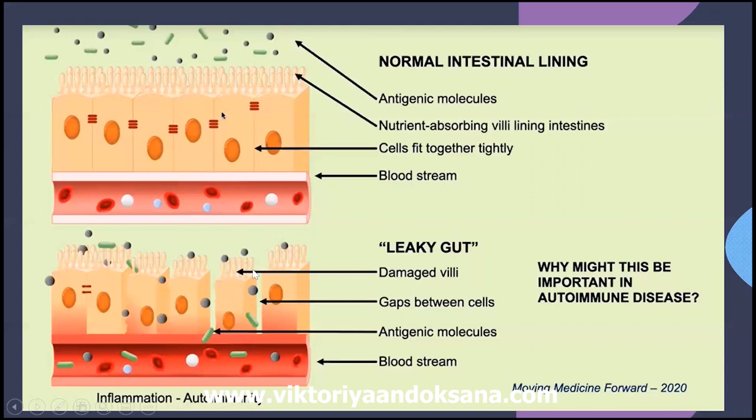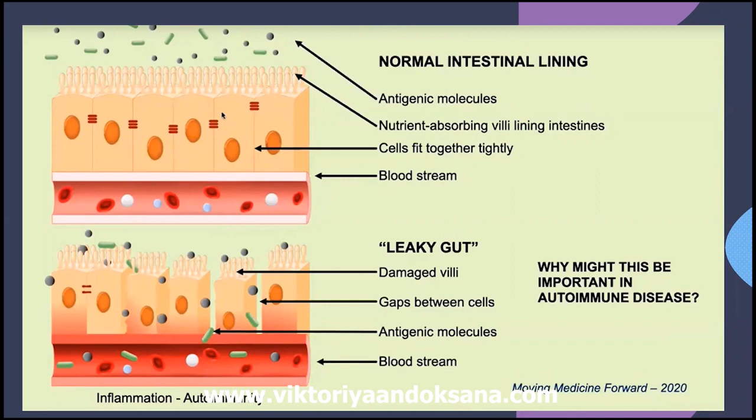And here you see bacteria, proteins, sugars have broken up the cell wall. Now the cellular debris gets into your bloodstream and starts flowing through the tissues, including your joints in rheumatoid arthritis. So that's why it's called leaky gut.